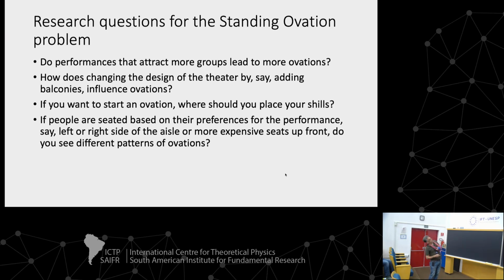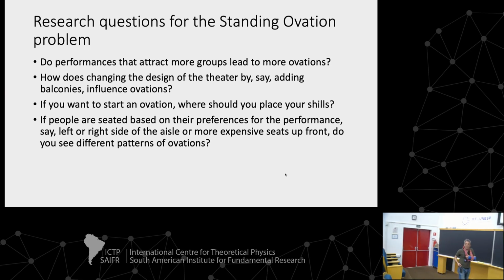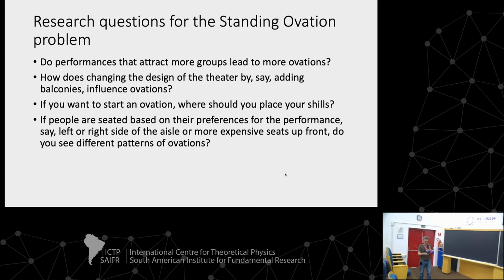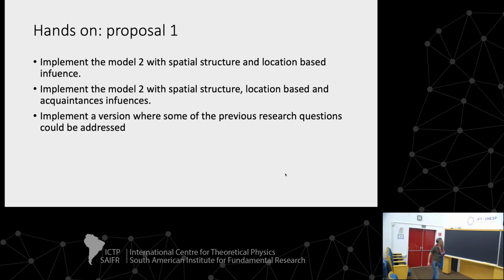Or if people are seated based on preference for the performance, for instance left or right side of the aisle, or more expensive seats in front, do you see different patterns of ovation? If I put some preference in the audience, can it affect the ovations? These are questions that I can ask in this problem.